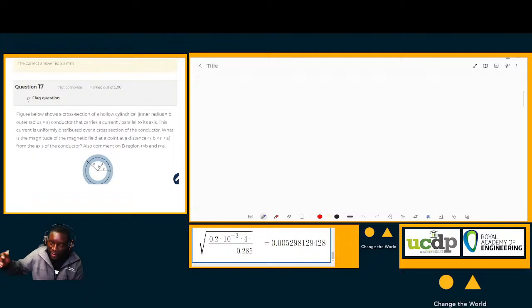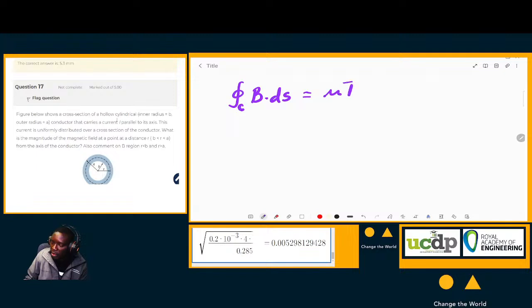In this case, it is based upon the enclosed current, where we know, according to Ampère's law, the closed line integral of B dot ds should be equal to mu naught times I. So if the surface, like in this case the surface shown by the dotted line, encloses a current, this current is the enclosed current, the current enclosed by that surface about which we are considering our closed path or closed line integral.